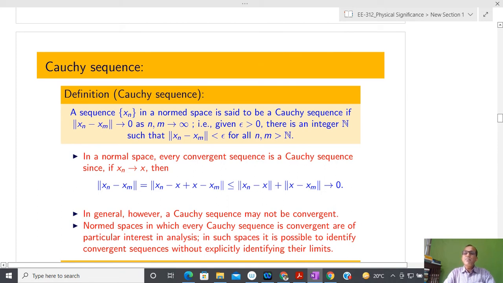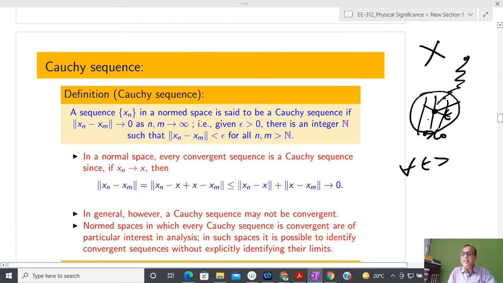If that sequence has a limit, then it is possible to show that if I construct a ball around that limit, suppose I have a space X and x0 is the limit point, I can construct a ball of radius epsilon such that the sequence satisfies this relationship.